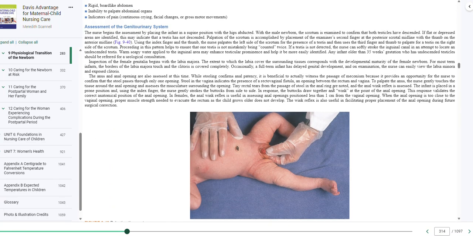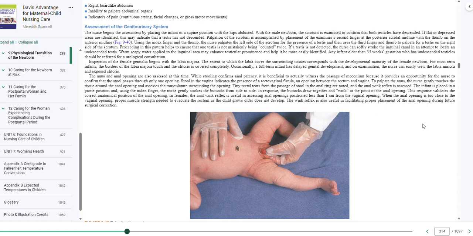Genitourinary assessments: for the female, we're looking at the labia majora and minora, which may be exposed if the baby is preterm, but a full-term baby's majora should cover the minora and the clitoris.